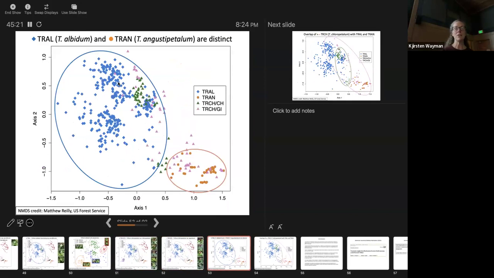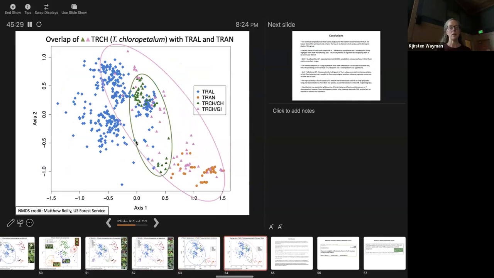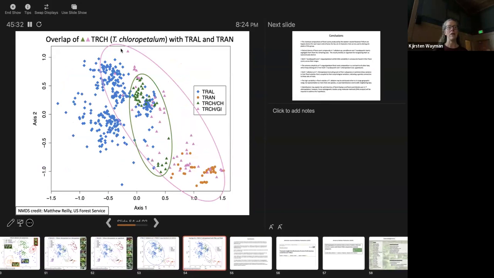So I want to remind you that albidum and angustipetalum, their regions are quite separate. They're distinct. But once we look at chloropetalum, it overlaps with both albidum and angustipetalum, and to a greater extent if we're looking at the variety giganteum. So I mentioned before that there's one theory that Trillium chloropetalum could be a hybrid or a hybrid swarm.